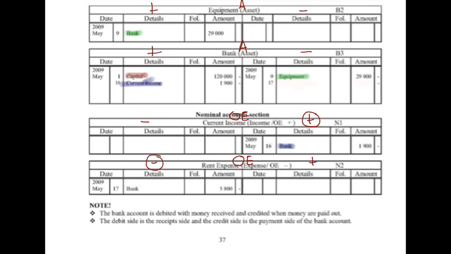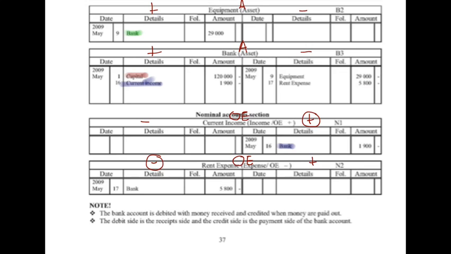So I write that in the details column. I now need to take this to my bank account, so I'm going to show it in bank as well. So if it's a debit in rent expense, there needs to be a credit in bank, saying that it comes from rent expense.